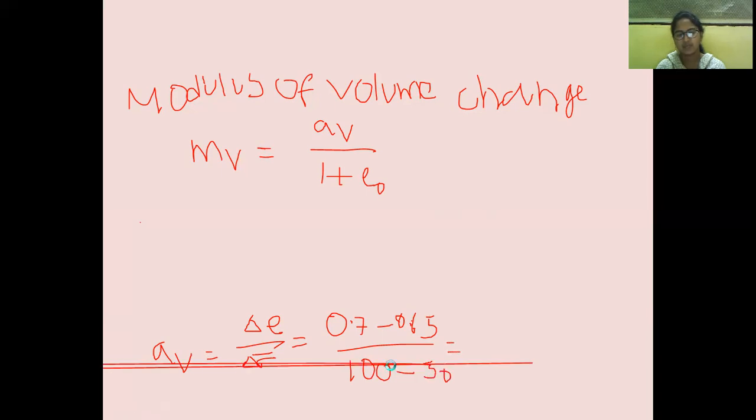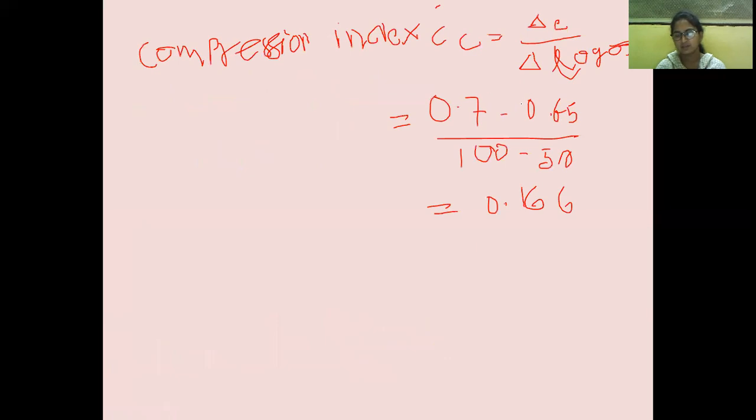Here for the log version, the value will be log base 10 of 100 and log base 10 of 50, so the values will be the difference between these, change in void ratio and change in log of effective stress, which gave 0.166.